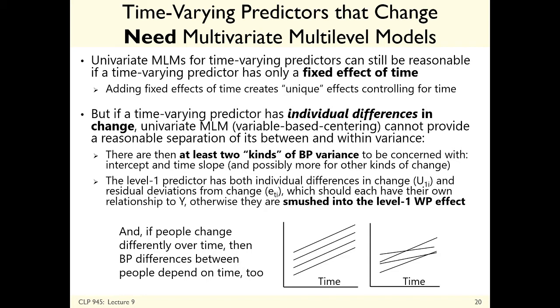Well, if we fit a model for memory, we might have a random intercept, some kind of random slope for changes in memory over time, and then we put in speed as a time-varying predictor. So we've got a person mean and a within-person deviation. That assumes that everybody changes in speed the same way. Probably not. And that doesn't even correspond to the way the hypothesis is worded.